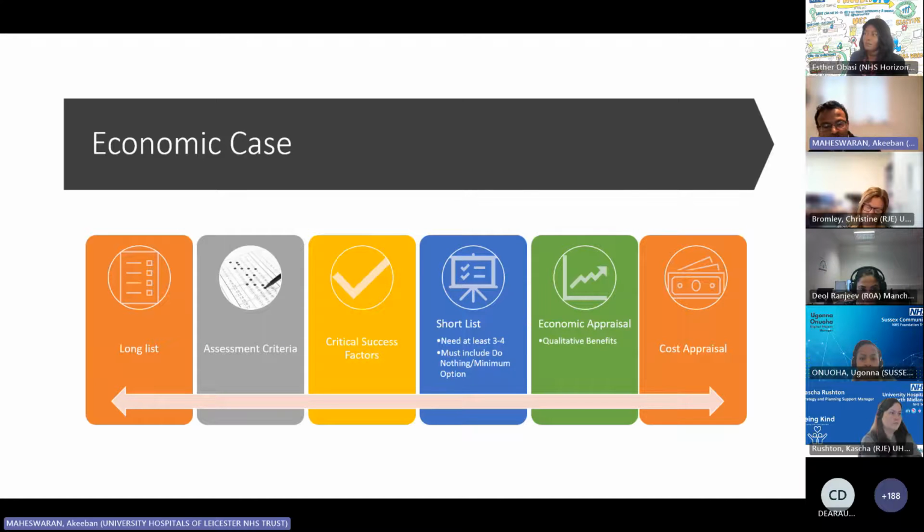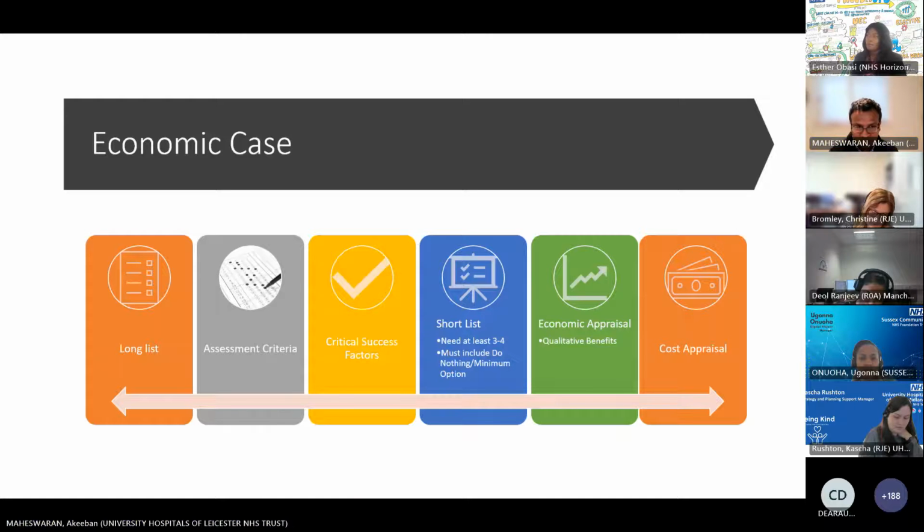So we're going to move on to the economic case. And again, this is where it's very clear where a solution has been pre-picked. As people writing business cases, you will tend to be pretty knowledgeable about the areas that you're writing about. Okay, you'll know what's viable, what's not viable.